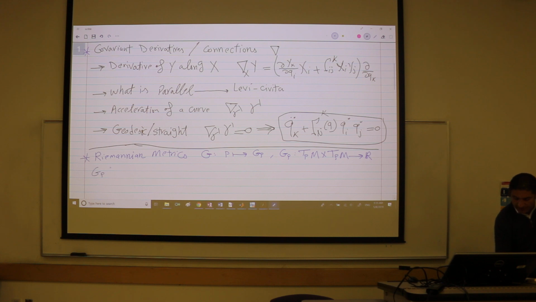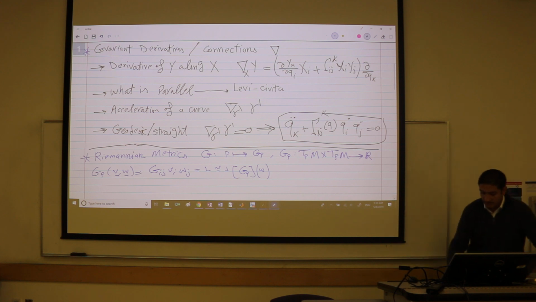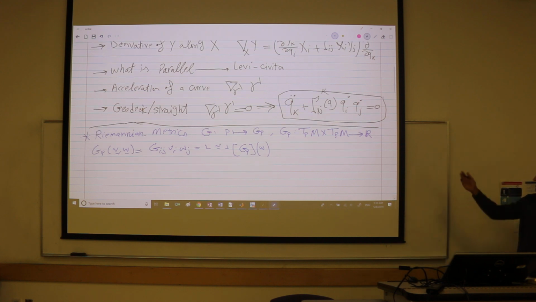So G_p, when it acts on two vectors, it's simply G_ij v_i w_j, or if you write it in our usual way, it's a row v times the matrix times a column w, okay? The result is a real number. It represents the dot product between the two vectors in the tangent space.